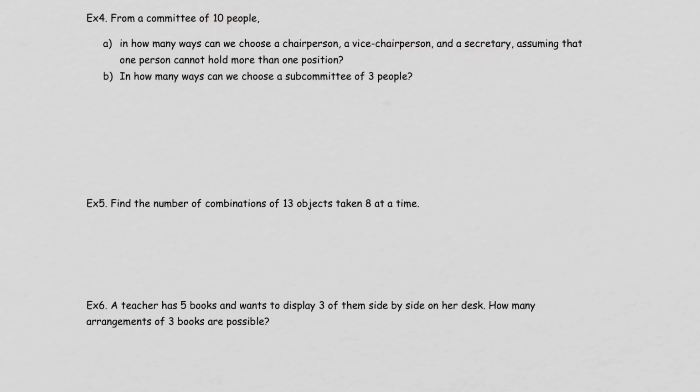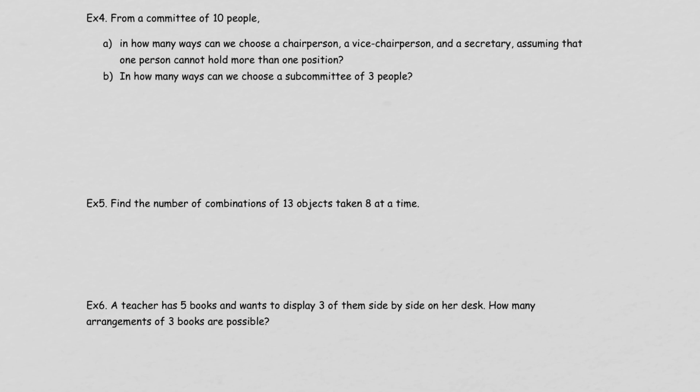Out of 10, we're picking 3 different positions, right? Here, we need to be careful because they didn't mention which formula to use. So we have the option of picking either permutations or combinations. And permutation is when order matters, right? Permutation is used when order matters. Combinations is when order does not matter.